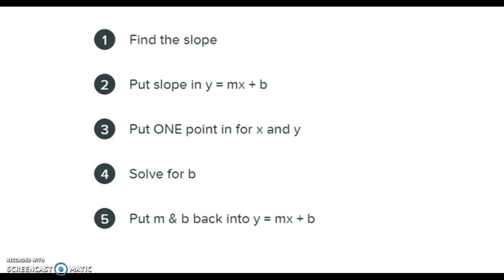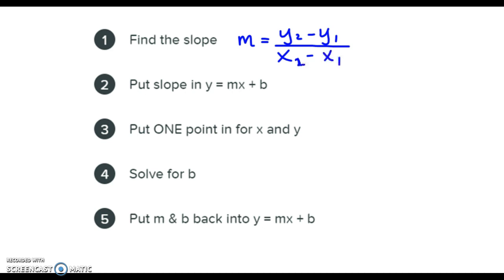All right, hopefully you paused it. Our first step is we need to find out what the slope is, because we're given these 2 coordinate points, but we're not given anything else. So step number 1 is finding the slope. If you want to add the slope formula into your notes next to step number 1, I think that would be good, in case you forgot it from the other day.